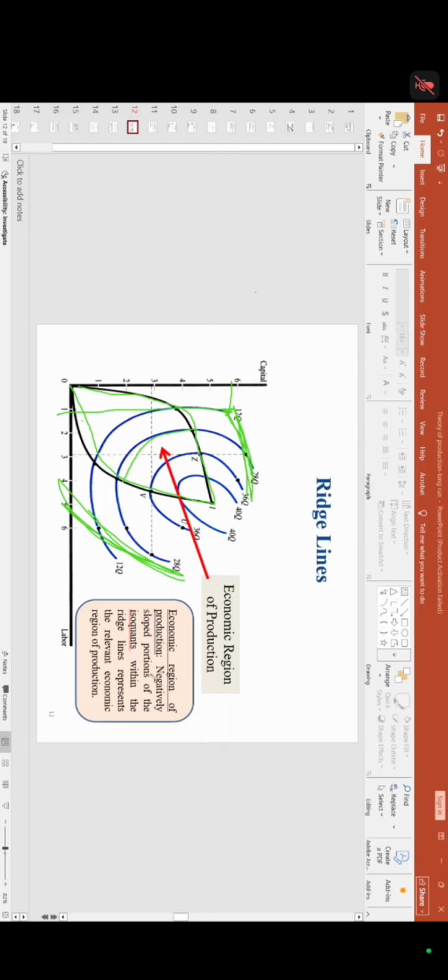So the negatively sloped portion of the isoquant within the ridge lines represents the relevant economic region of production. That means the areas of the isoquant curves with a negative slope are what we call the relevant economic region.